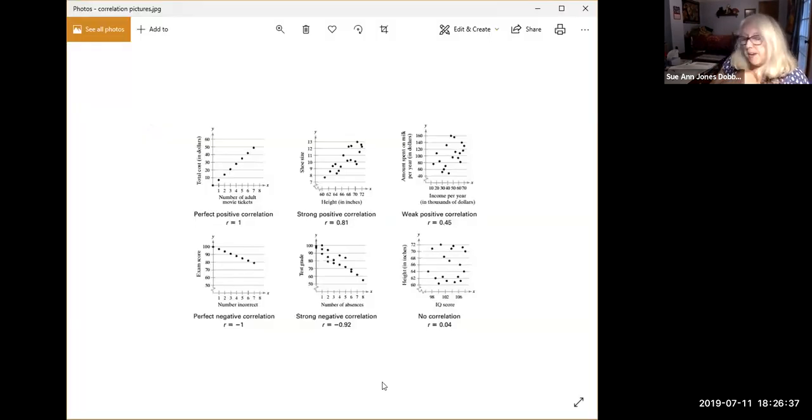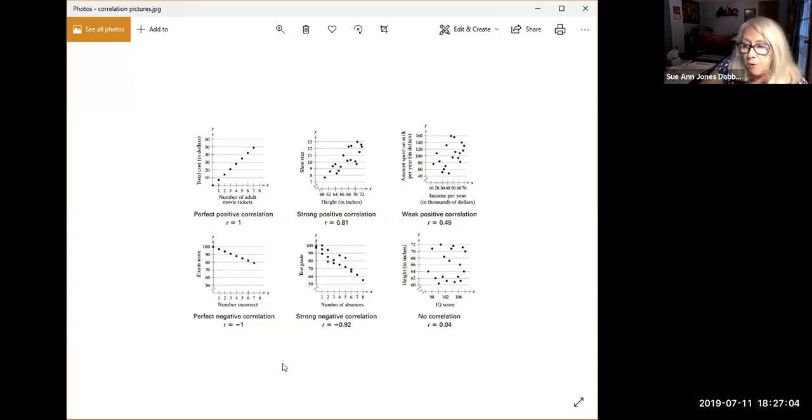To these pictures. This one here is perfectly collinear, and it goes up from left to right. That has an R value, a calculated correlation coefficient value of 1. This, it's not perfectly collinear, that's clear, but it seems to have a pretty strong correlation going from lower left to upper right.